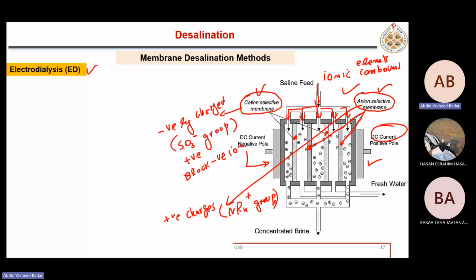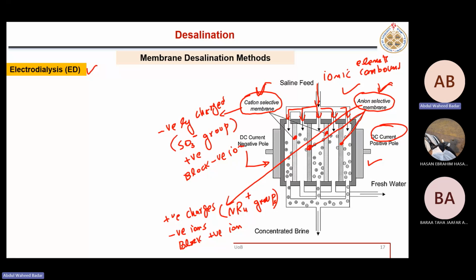They will allow only negative ions to pass through, and they will block positive ions. So the purpose of these cation and anion membranes is only to block the opposite charges.